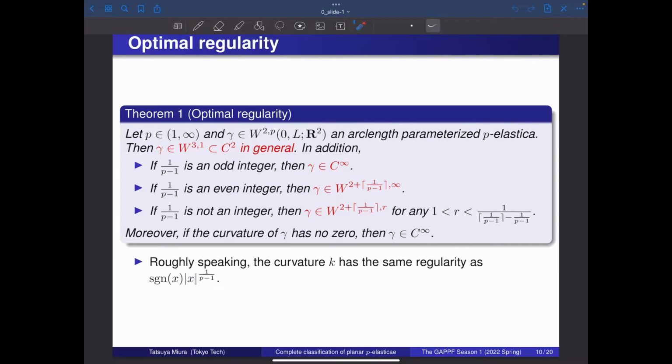And as you can easily imagine, this function has the shape like this, and in the positive part, the function is exactly x to the power 1 over p minus 1, and we have a sign change in the negative part.